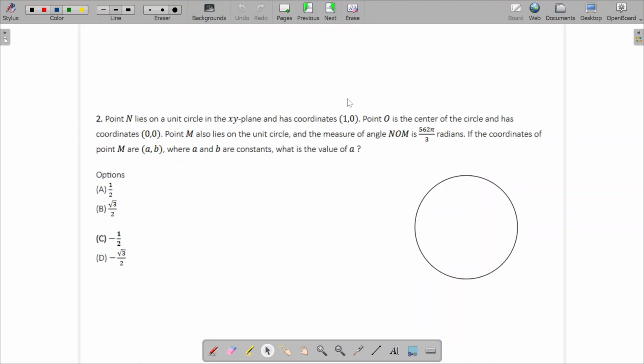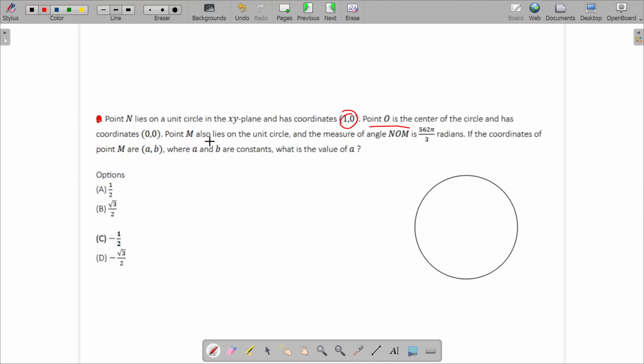Okay, so let's start. This is the first question, and the question says point N lies on a unit circle in the xy plane and has coordinates (1, 0). Point O is the center of the circle and has coordinates (0, 0).